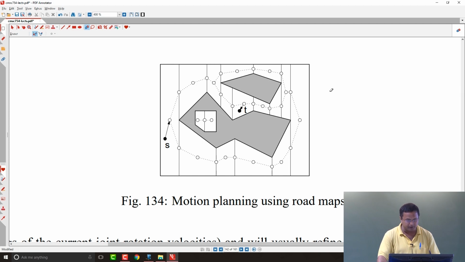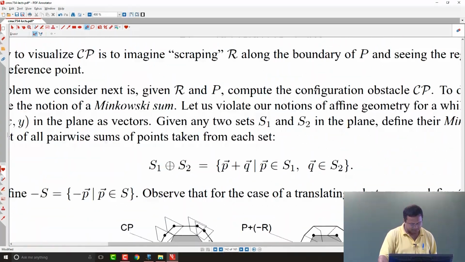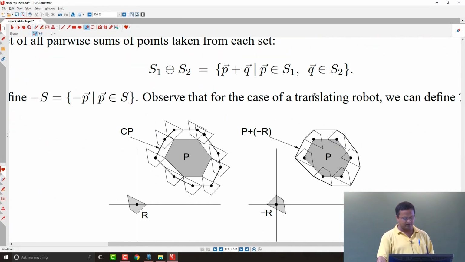Okay, this is what I explained to you. Now, think of this. First, figure this out: say this capital P is the obstacle, and this capital R is the robot.